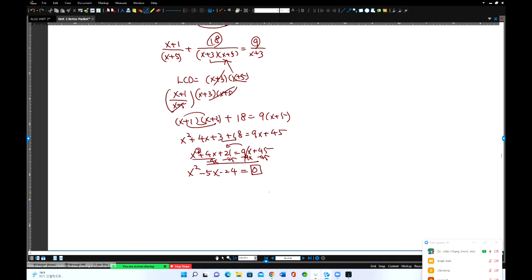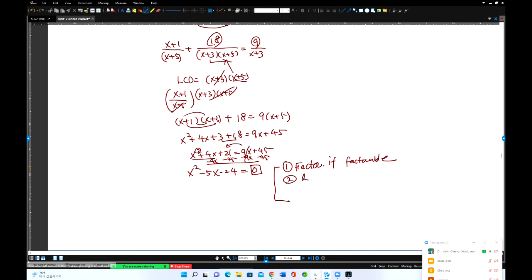Always a quadratic should be in standard form to find the solutions. To solve a quadratic or polynomial function, we have many different ways. First one, you can try to factor, if the equation is factorable. Second one is what? Quadratic formula.